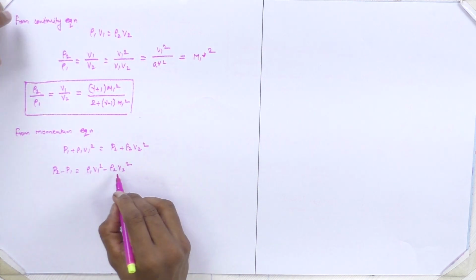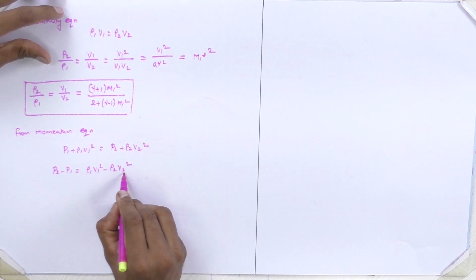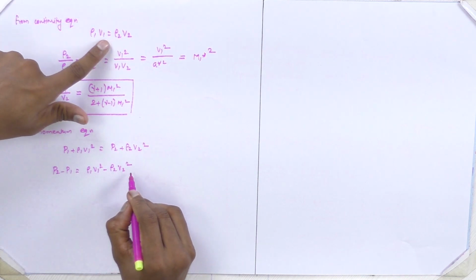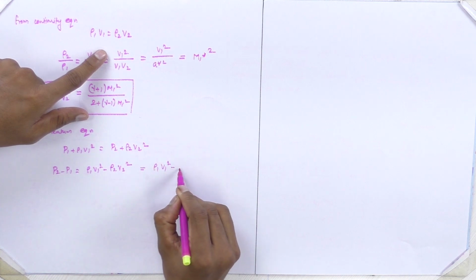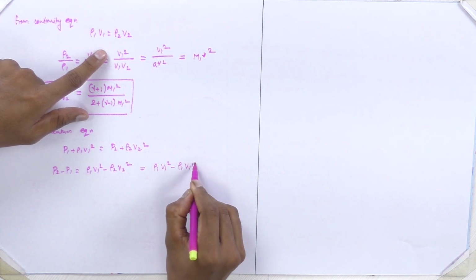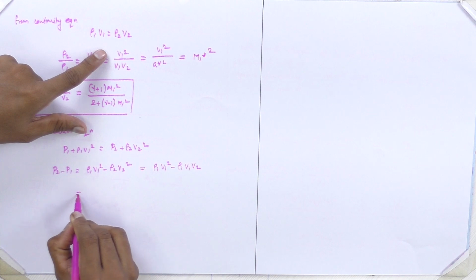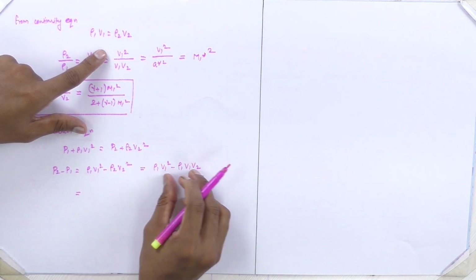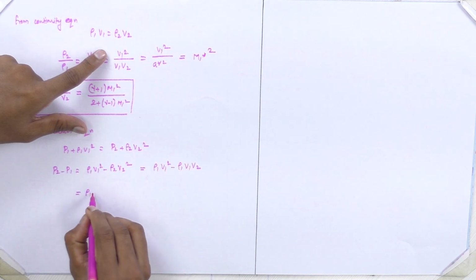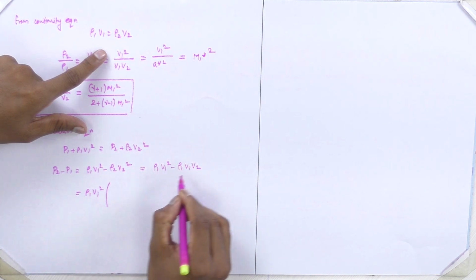Here we can replace rho 2 V2 with rho 1 V1 from the continuity equation. So rho 1 V1 square minus rho 1 V1 V2 is equal to, from this right hand side, I can take rho 1 V1 square outside to get the fractions.